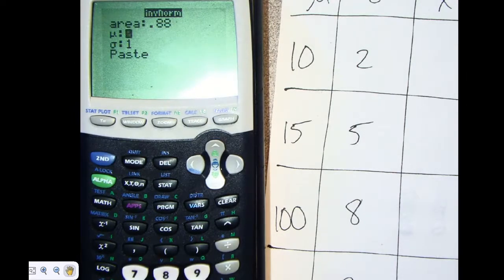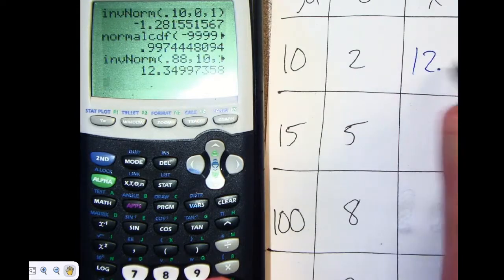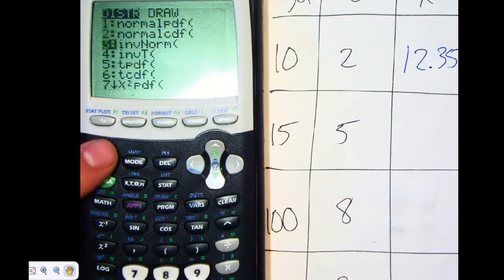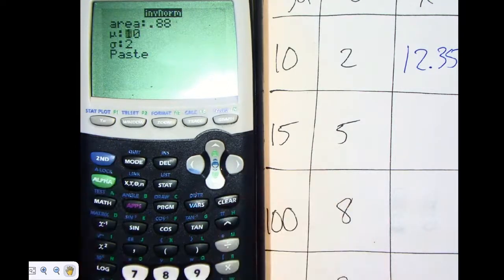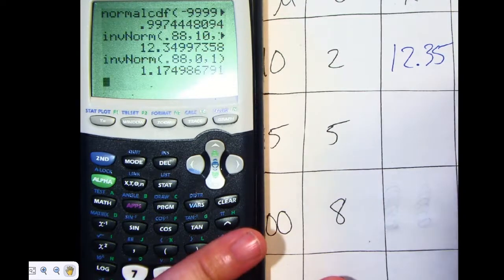I mean, I can do both. But I can also tell the calculator, hey, the mean is 10, standard deviation is 2, and it will give me the actual data point. And then I can do it again without the mean and the standard deviation, and it will give me the z-score.